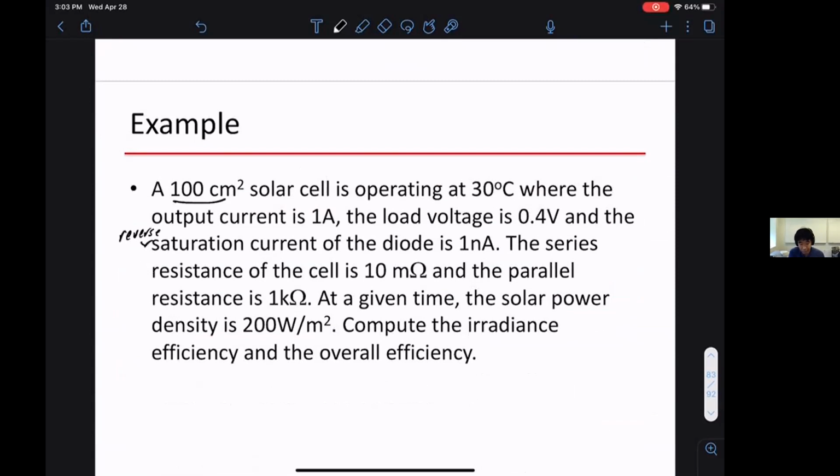I have some resistance of the cells, then I have some solar power density. Given this solar power density, how much power do I get at the end of the day? Exactly how much power do I extract, given that I have all these losses?